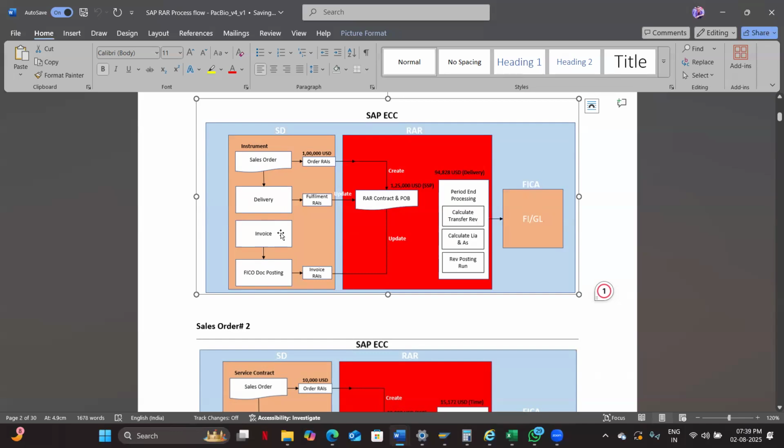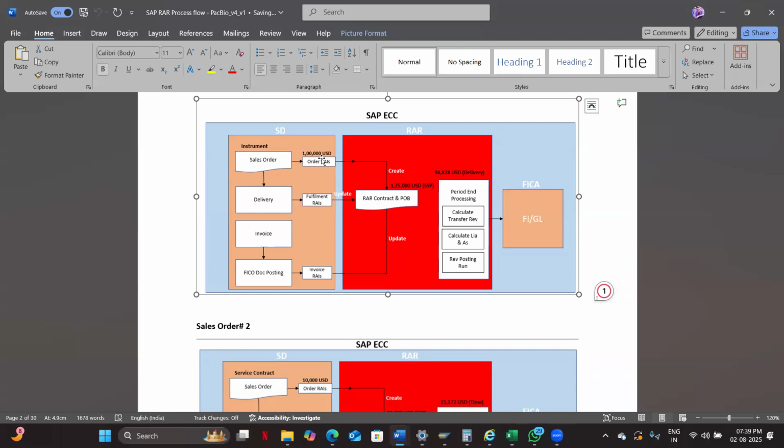But now they are going to generate RAIs. When they calculate revenue, whatever contract they created, they generate RAIs for RAR. This is the first step for revenue, on the BRIM side.